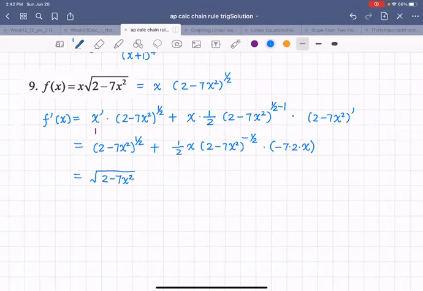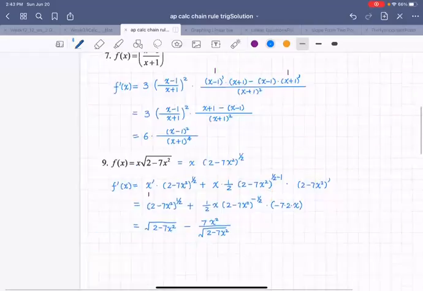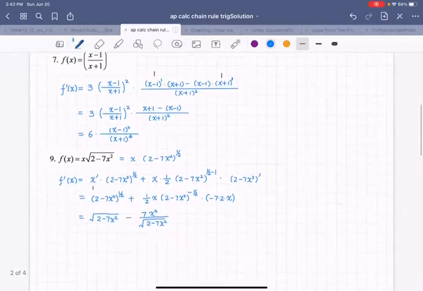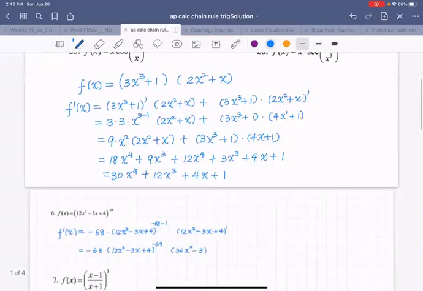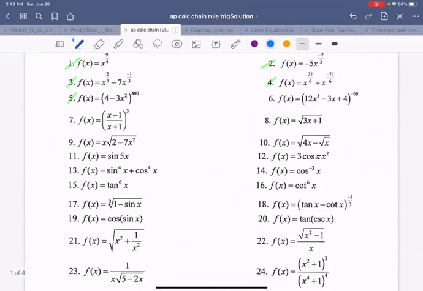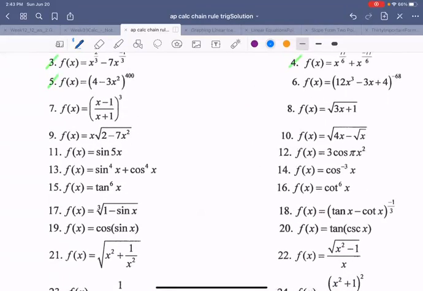So that means you have minus 7x squared over square root of 2 minus 7x squared. Okay, that's number 9. Are you clear on this question now, Emily? Now let's do number 10. Does it look complicated? Might be. Let's try number 10.